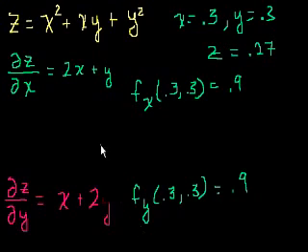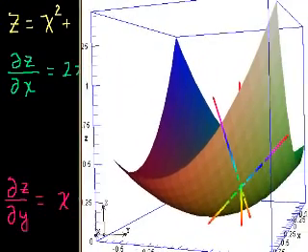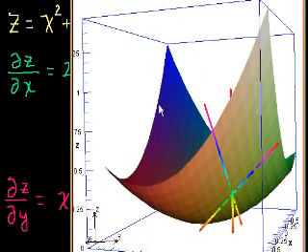So let's see if we can visualize this. So let me bring in my graph. There we go. So this surface, once again, is the surface of z is equal to x squared plus xy plus y squared, and this box is kind of the domain in the x and y dimensions that I defined.